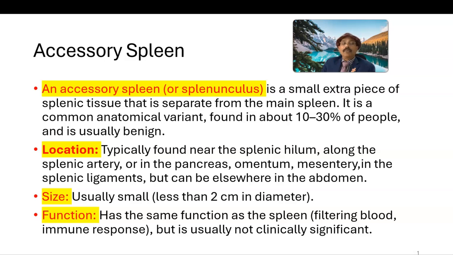Like the main spleen, the accessory spleen is also functional, but usually not very clinically significant because of its small size, around 2 centimeters in diameter, much smaller than the normal spleen.